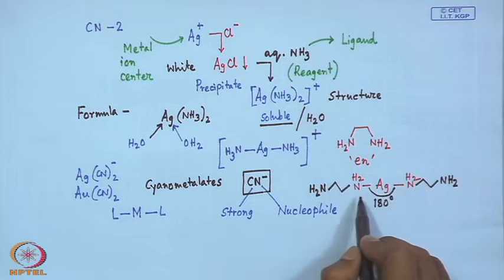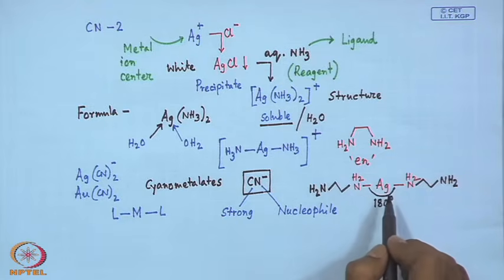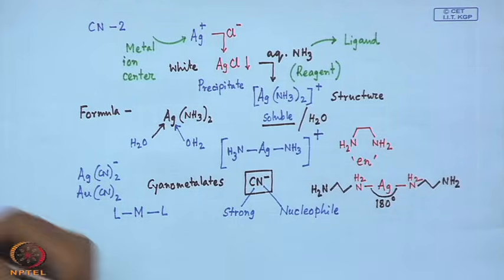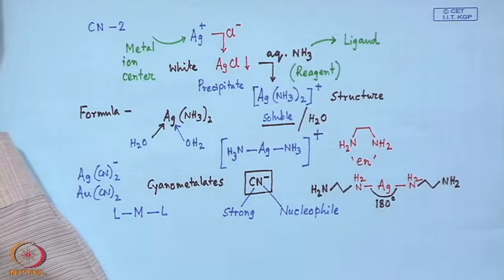Only monodentate ligation is permissible to the silver center, and with gold 1 it will also give interaction from one point of attachment only.